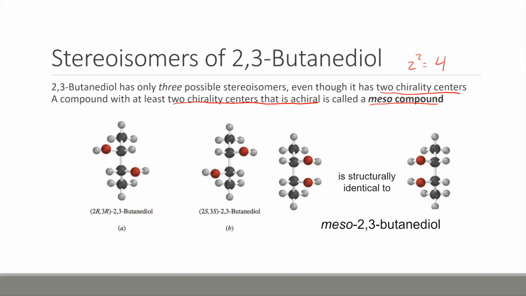2,3-butanediol has this meso compound. So it has 3 total stereoisomers. One of them has an RR configuration, and its enantiomer is the SS configuration. These are mirror images of each other, and they are non-superimposable.